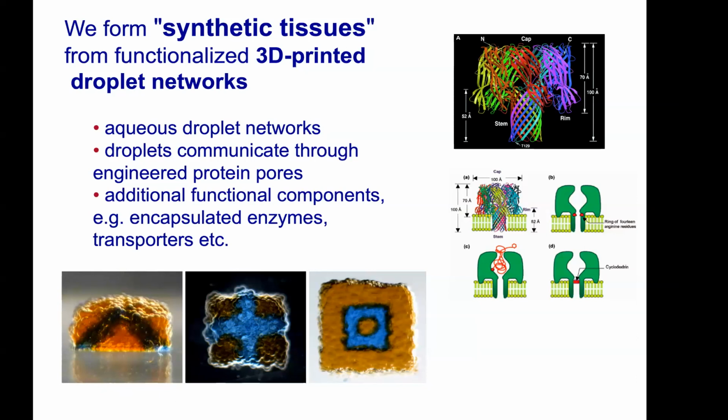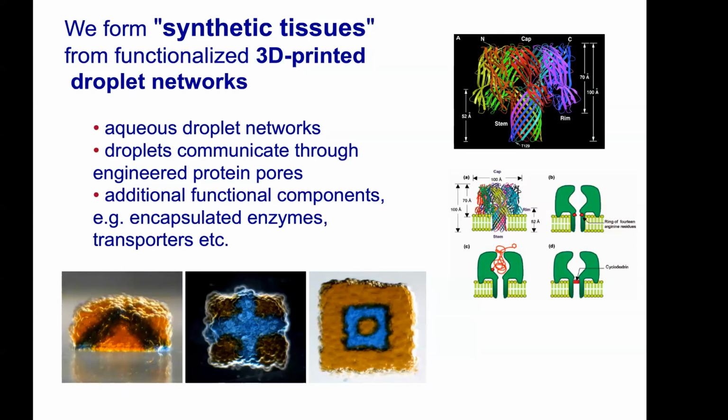So they're not connected by double bilayers, as would be the case if you brought two cells together. They're connected by individual bilayers. And then we can add to these functional components. So we can encapsulate enzymes, we can add protein pores, transporters, and so on.